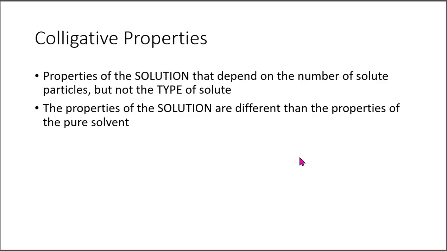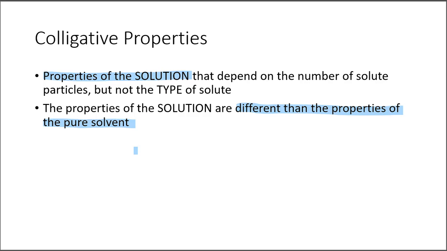And what a colligative property is, it is a property of the solution that is different than the properties of the pure solvent. So the second you take water and you dissolve something in it, some of its properties change. It's not pure water anymore. It's water with stuff in it.